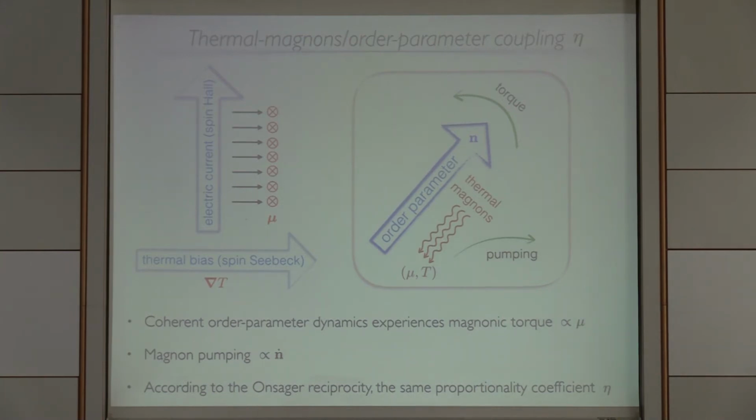The chemical potential, depending on the symmetries of the crystal and magnetic interactions, may exert a torque, and we'll show that will actually be key. Reciprocal to that, the order parameter dynamics will pump the thermal cloud.